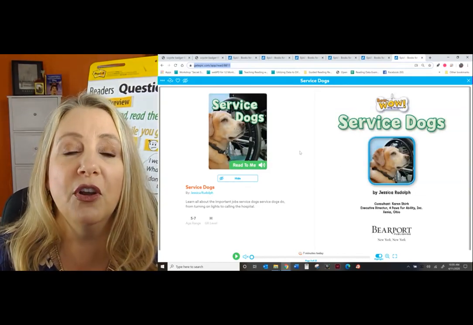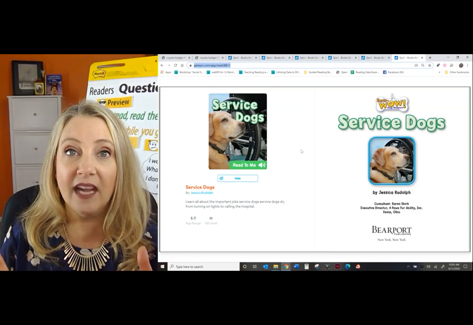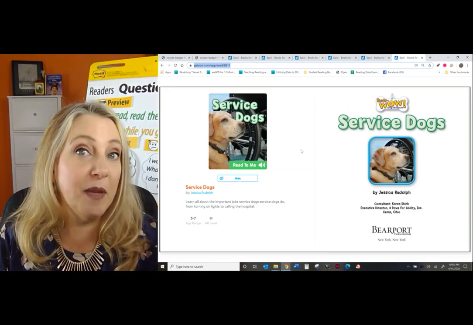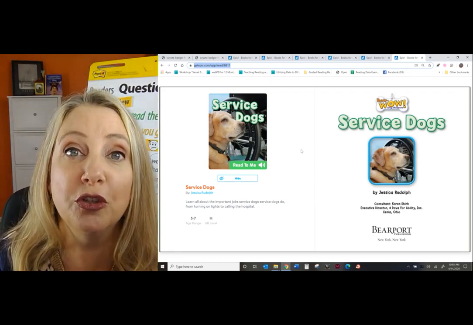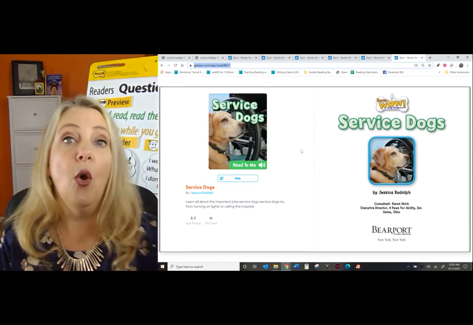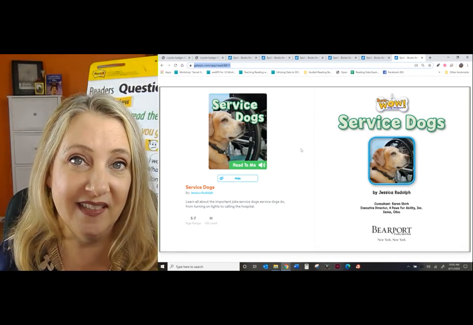Okay. And then I am going to put a whole new book in here, a whole new book called Service Dogs. And this one allows you to do all kinds of things. It allows you to check the picture. It allows you to check the picture glossary in the back. And it also gives you more clues in the sentences. So remember, you can reverse or you can fast forward to figure out what some of the words mean in this text.